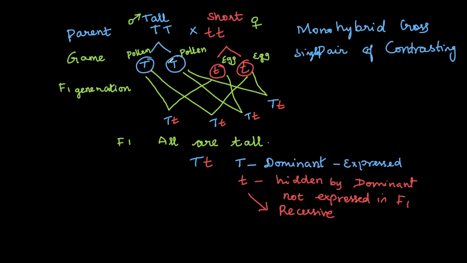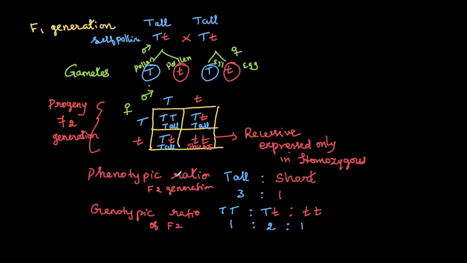Okay, so this is the law of dominance. If the question is to state the law of dominance and explain with the example, you have to write about this cross and explain what is dominant, what is recessive, everything, and you have to know the phenotypic ratio you are getting in F1 generation and F2 generation.